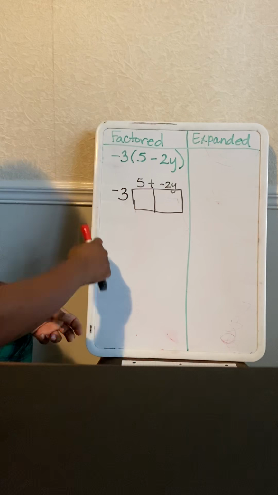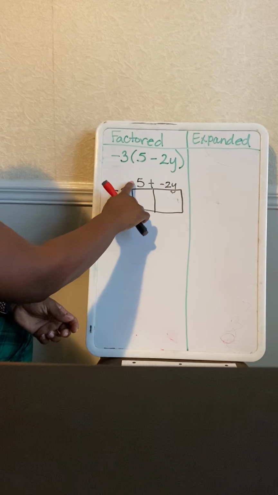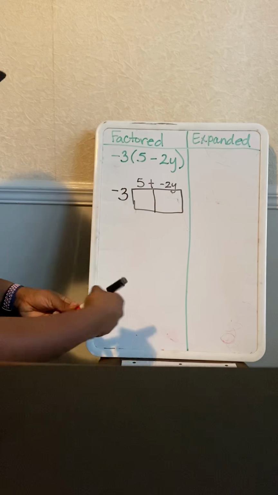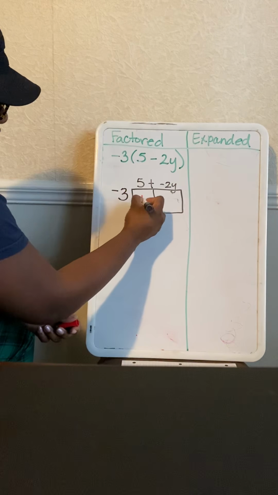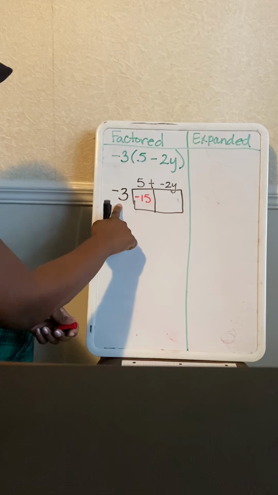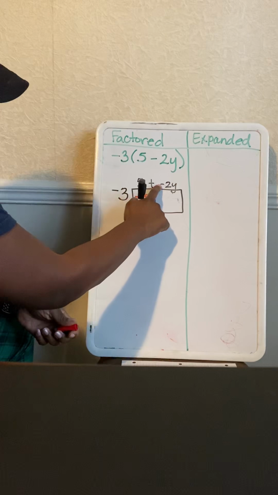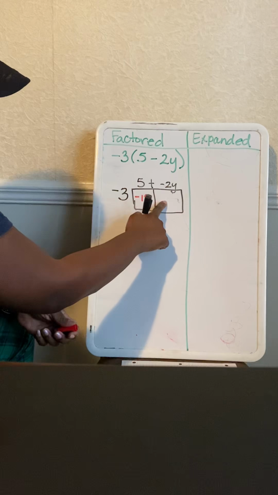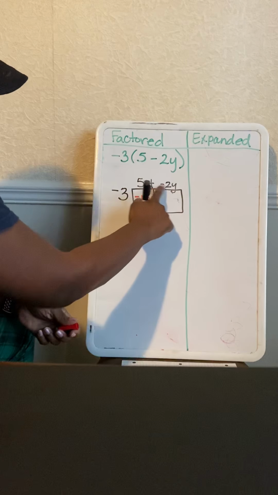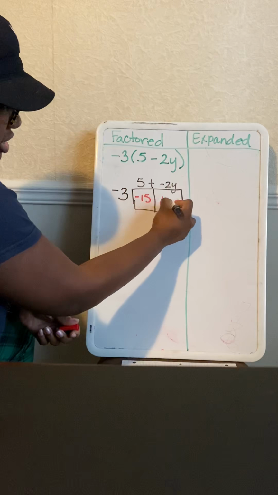And so here we have -3 multiplied by 5, which will give us -15, and -3 multiplied by -2y, and the negative times the negative is a positive, so my final answer is going to be positive, and then I just multiply 3 times 2 is 6, so that's positive 6y.